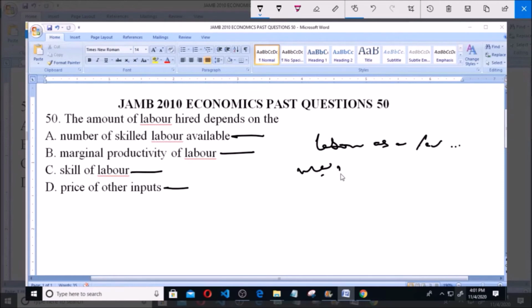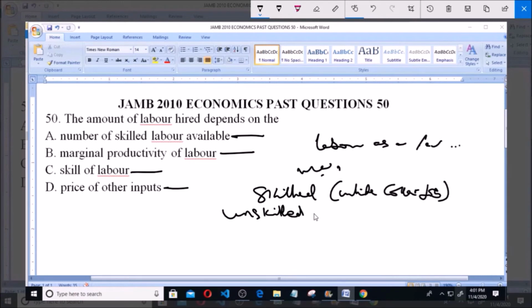So the following are the two types of labor. We have skilled labor, which is white collar job, and we have unskilled labor, which is brown collar job. So the following are some features of labor.